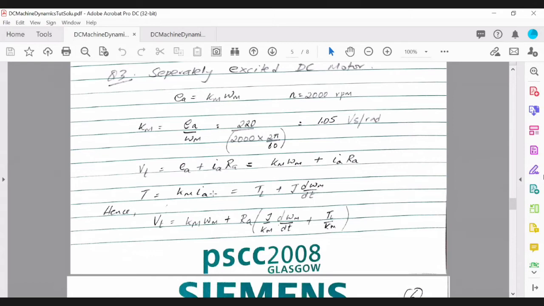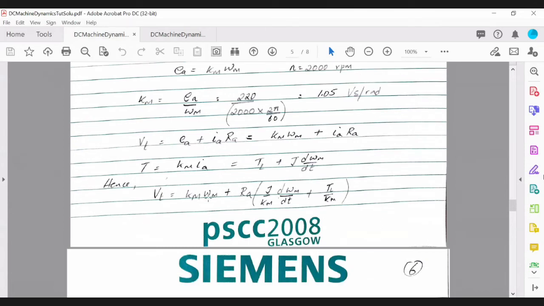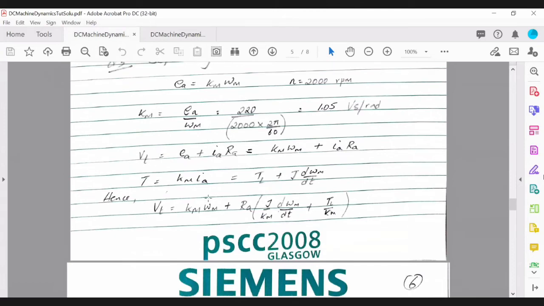So we can also work out what is this value of torque. That's given by Km times Ia, and hence to get the voltage, the terminal voltage of the motor, I've substituted the equations there.